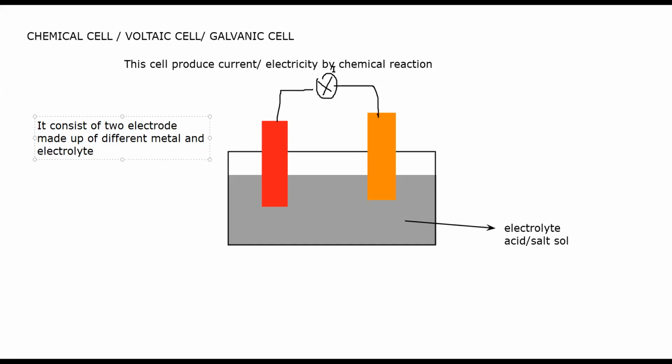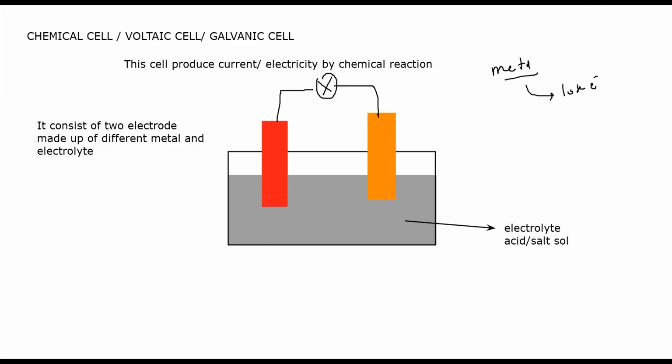How it works, the working: when anything consists of metal, the metal has a tendency to lose electrons. All the metals have a tendency to lose electrons. A more reactive metal tends to lose electrons fast. A less reactive metal takes time to lose electrons. They will also lose, but the rate at which the more reactive metal can lose electrons is much higher compared to the less reactive metal.